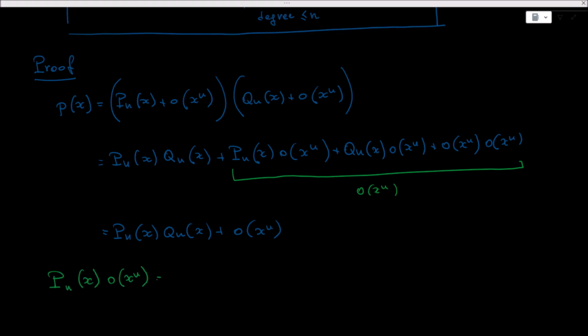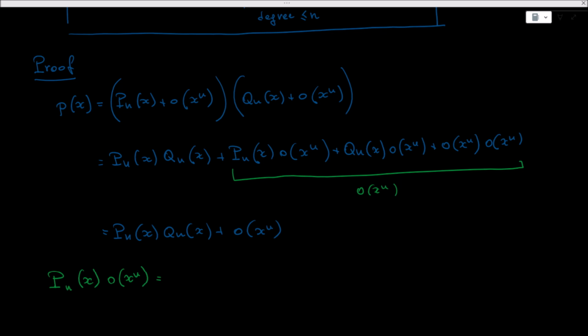Well, we know that little o of x to the n can be expressed as omega of x times x to the n. This is just a definition of little o of x to the n.